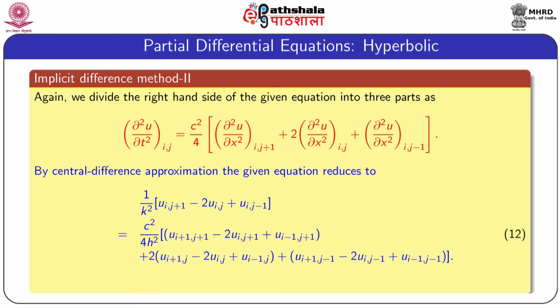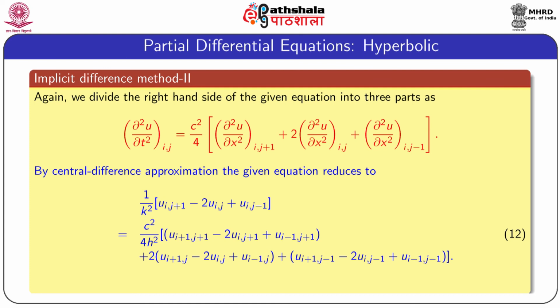So using this approximation, the left hand term remains the same as in the previous case, but the first term of the right hand side is approximated as u(i+1, j+1) minus 2 into u(i, j+1) plus u(i-1, j+1). What will be the second approximation? That means the approximation of the second term. In this case, the second subscript is replaced by j, and in the third term, the second subscript is replaced by j-1.